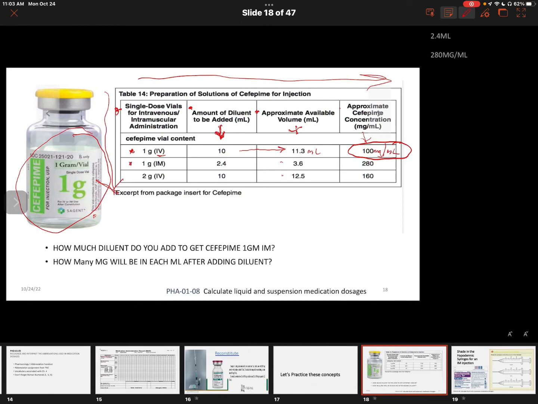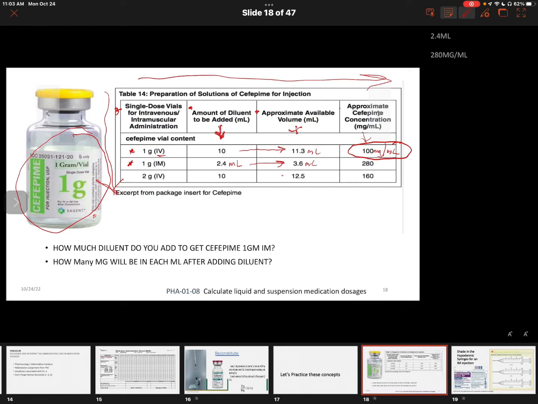Let's look at the next one. 1 gram IM. The amount of diluent that we would add would be 2.4 milliliters. After we add the diluent, it says that we'll have 3.6 milliliters in the bottle.